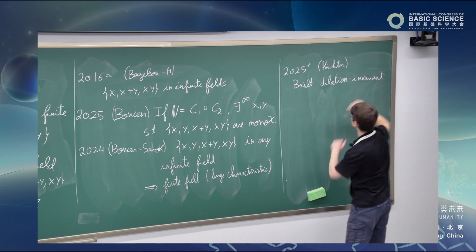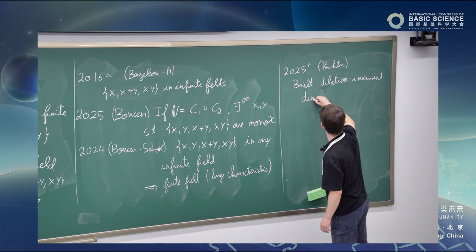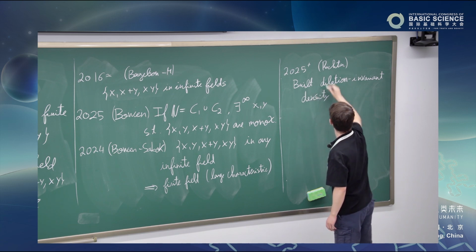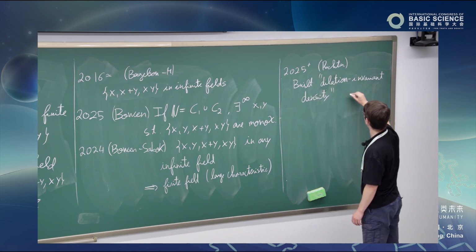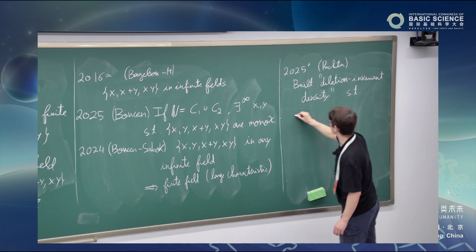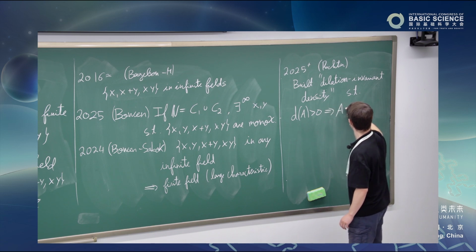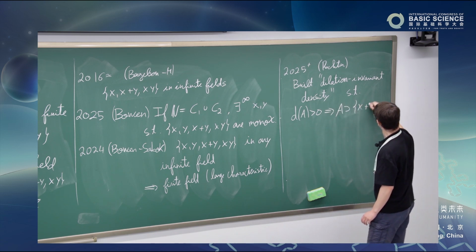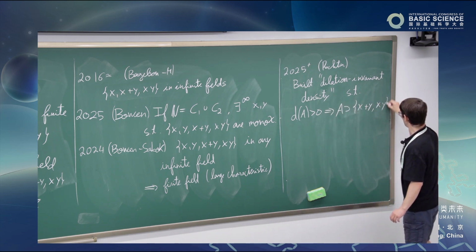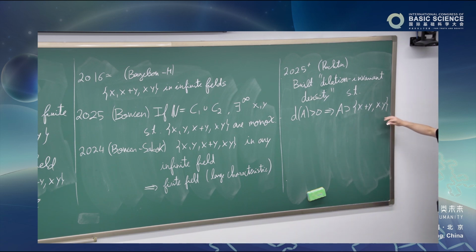I won't explain too much about that. So let's put notation such that if d(A) is positive, then A contains x plus y, x times y. I'm not 100% sure if x is also in there, so let's just say x plus y, x times y.